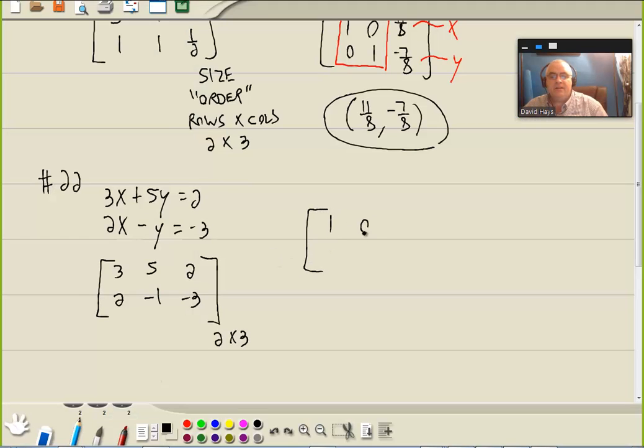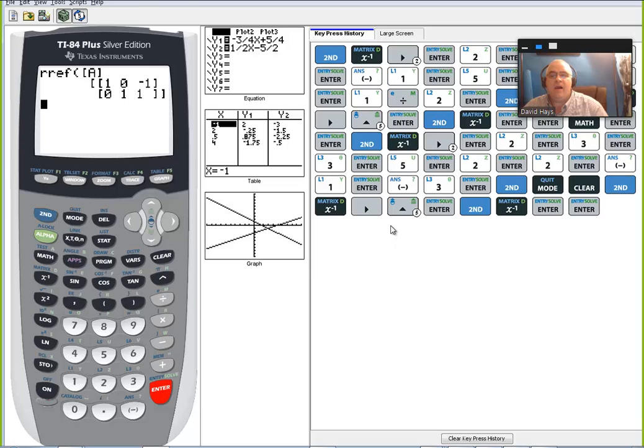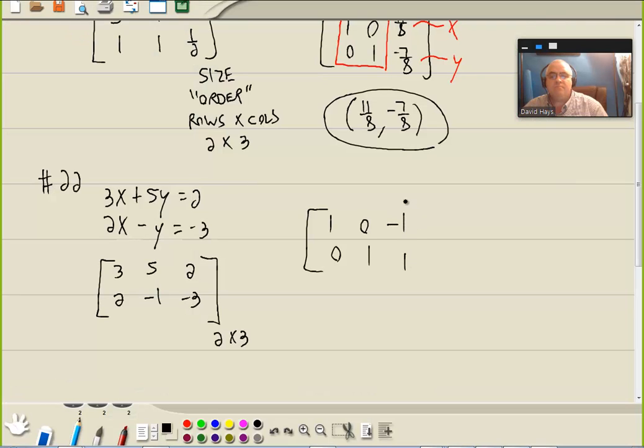And we get this right here. For two equations, two variables, this first 2 by 2 square should be a diagonal of 1, 0, 0 else, which it is, which means this is my answer. This is x and this is y. So we'd have negative 1 and 1.